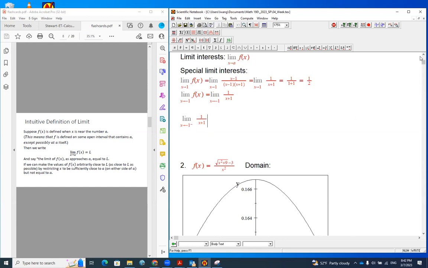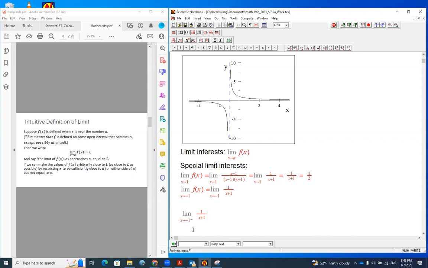If x is approaching -1 from smaller than -1, x approaching -1 from smaller than -1. Let me make enough space so I can draw the picture and show it to you at the same time. Okay, or approaching -1 from larger.